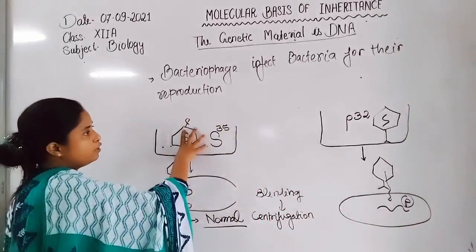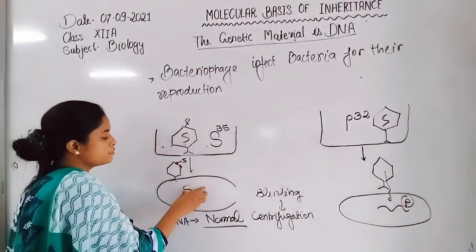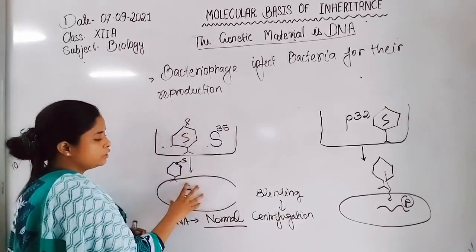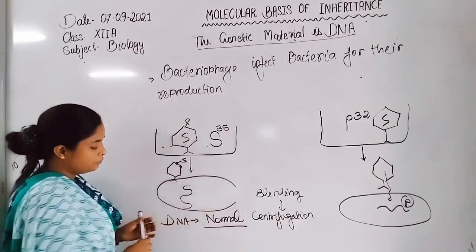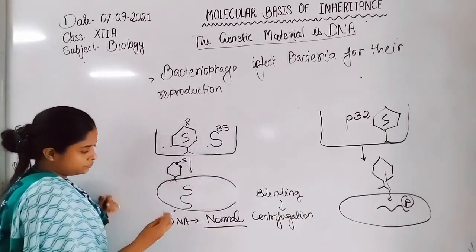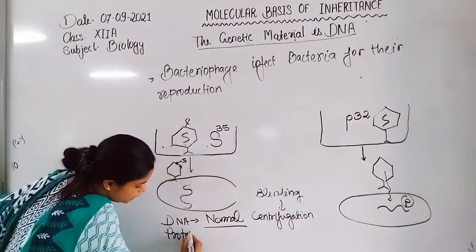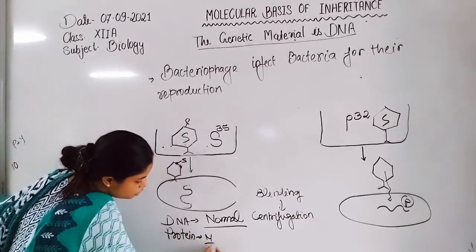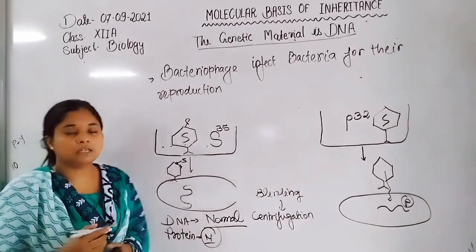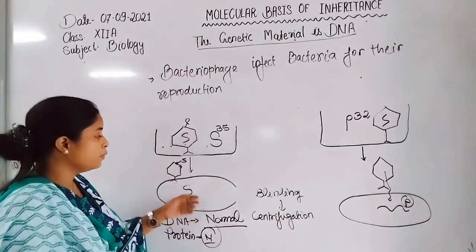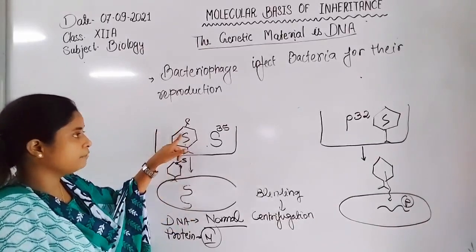In such an experiment, if the protein were transferred by the bacteriophage, it would be radioactive, but in this experiment the protein was normal. So they identified that the protein is normal, because the bacteriophage has the radioactive protein.